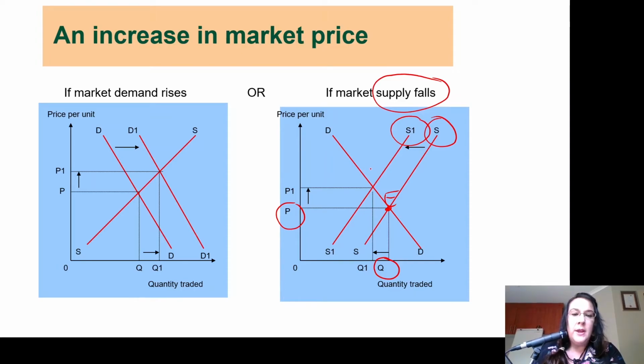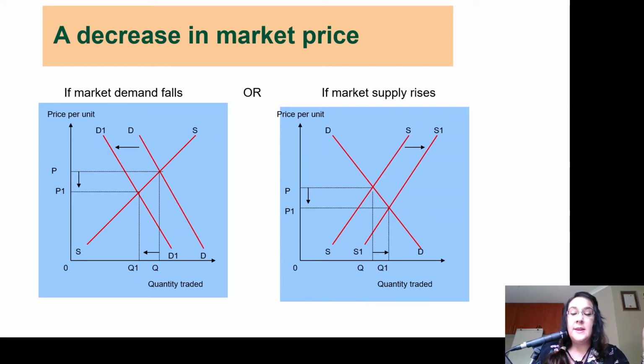Now my new equilibrium point, which is formed between S1 and my normal D curve, is called my new equilibrium, E1, and this results in a new market price, which is at P1, and a new market quantity, which is at Q1. Now you can see from P to P1 there has been an increase in the price, and we can see from Q to Q1 there has been a decrease.